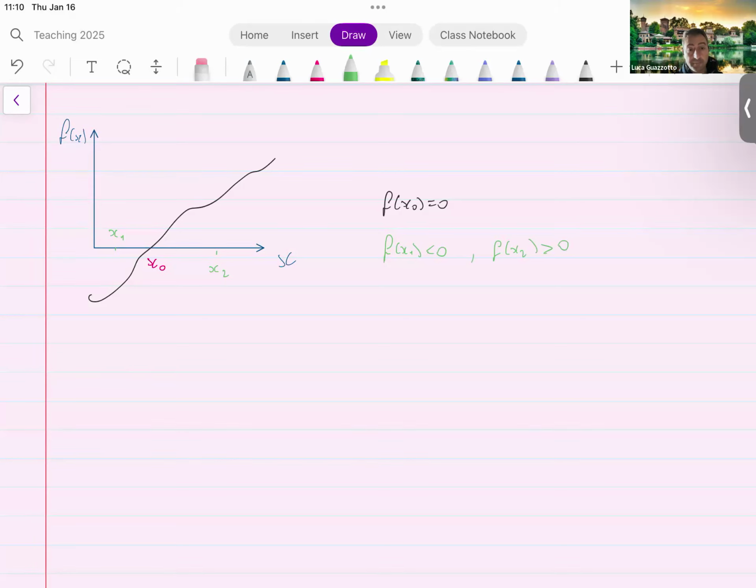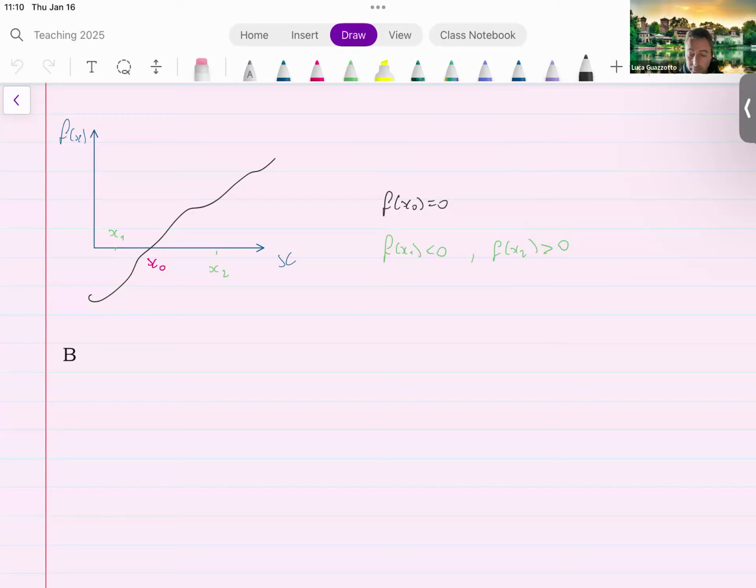Then I'm going to expect that the function is going to have a 0 between x1 and x2.